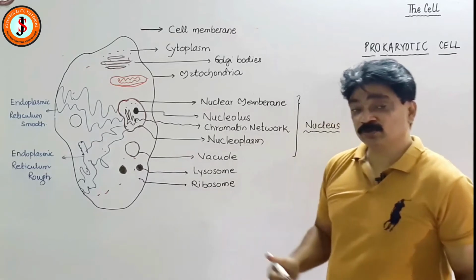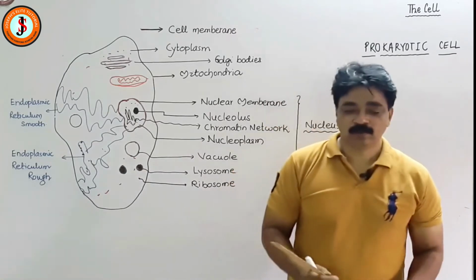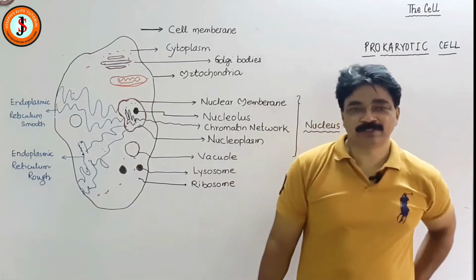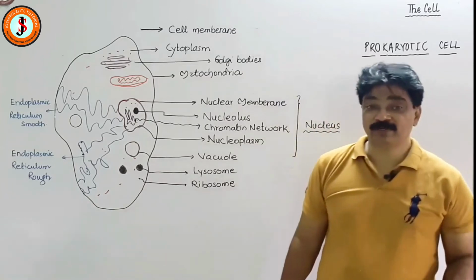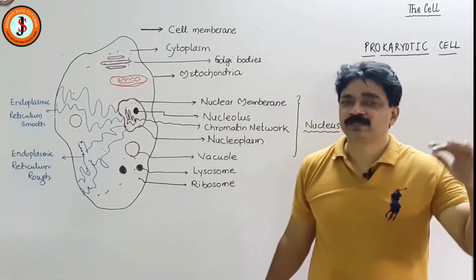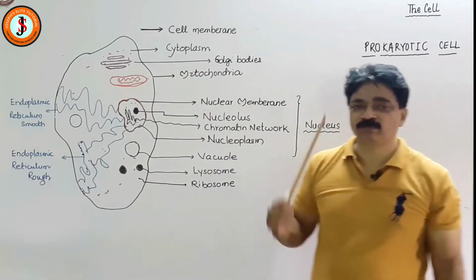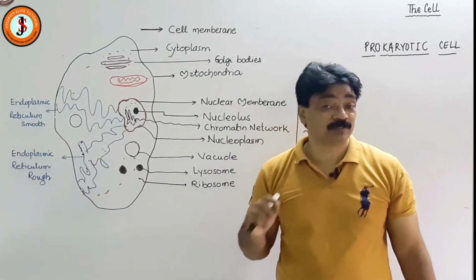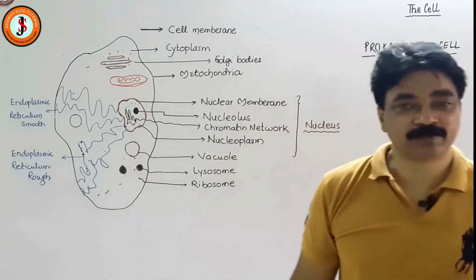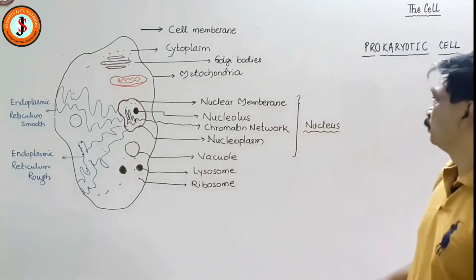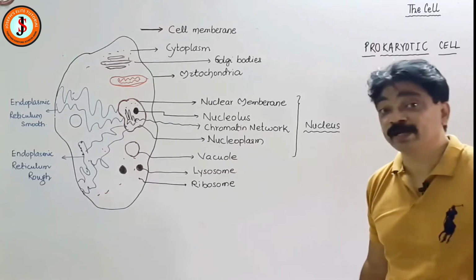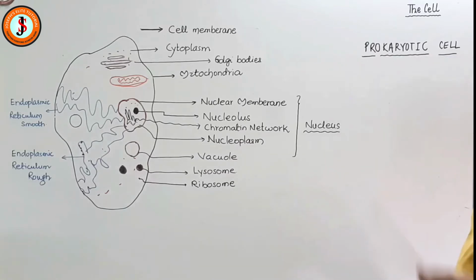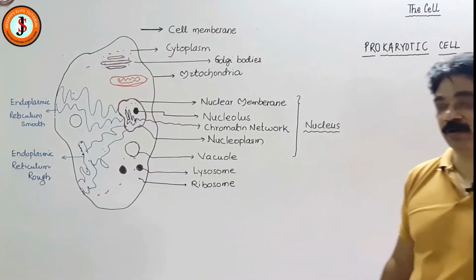Most primitive single-celled organisms, like some bacteria, don't have a well-defined nucleus. That is why their cell is primitive type, primitive in terms of the nucleus. Example: some bacterial cells are prokaryotic cells.